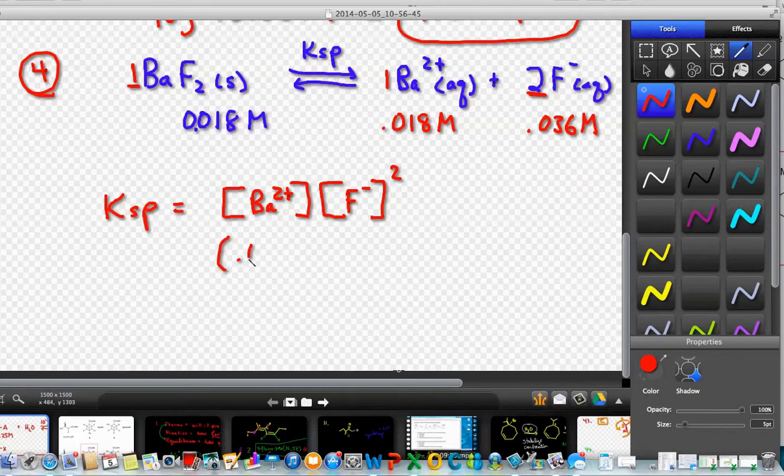Plugging this in, we have 0.018 times 0.036 squared. Now, of course, we're going to simplify this with our calculator.